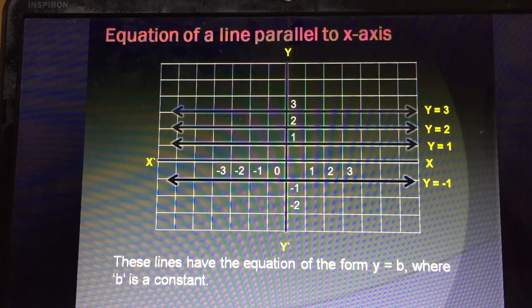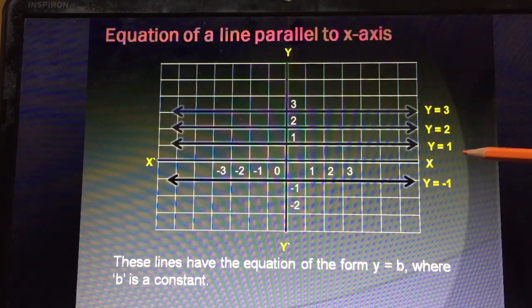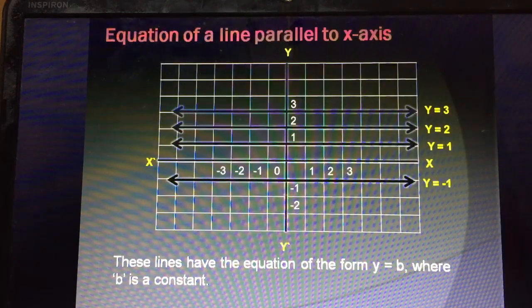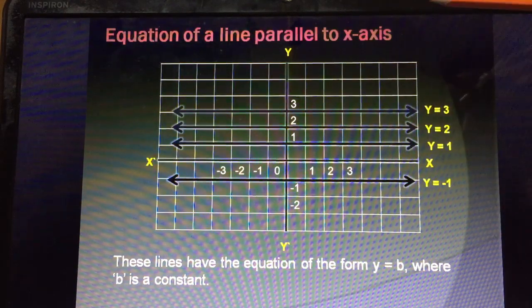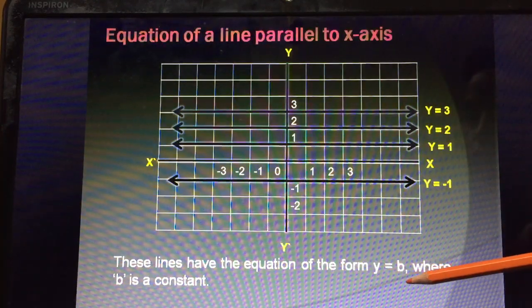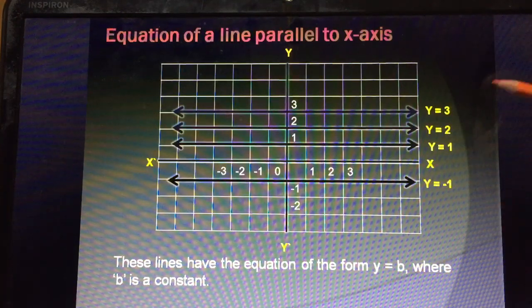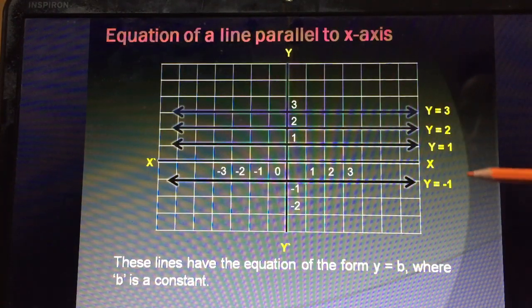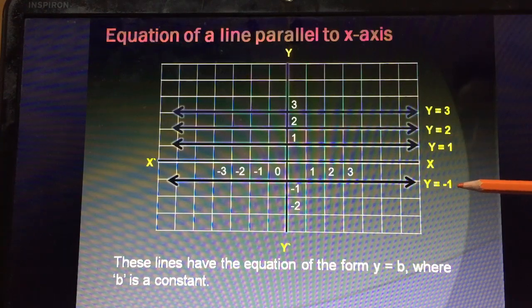So as you can see on your screen, all these equations represent the lines parallel to x-axis, and these lines have the equation of the form y equal to b, where b is a constant. As you can see, you have an equation in this form, y equal to b, where b is any number, it can be any constant number.